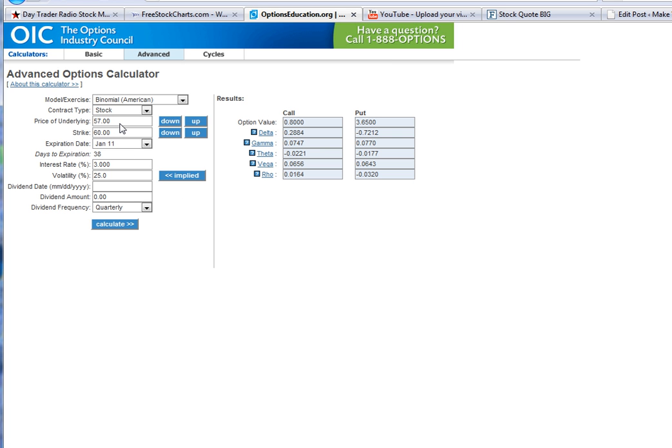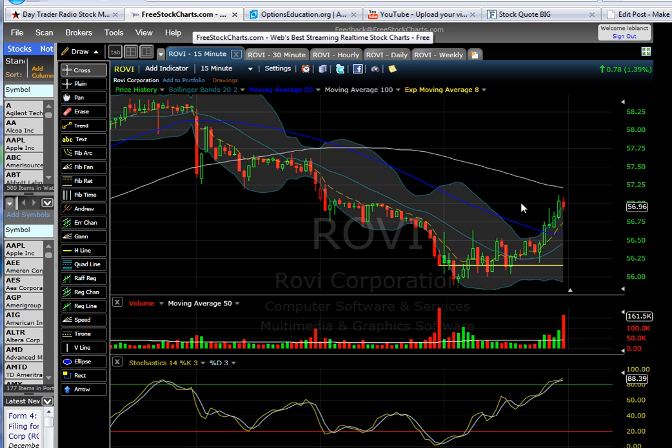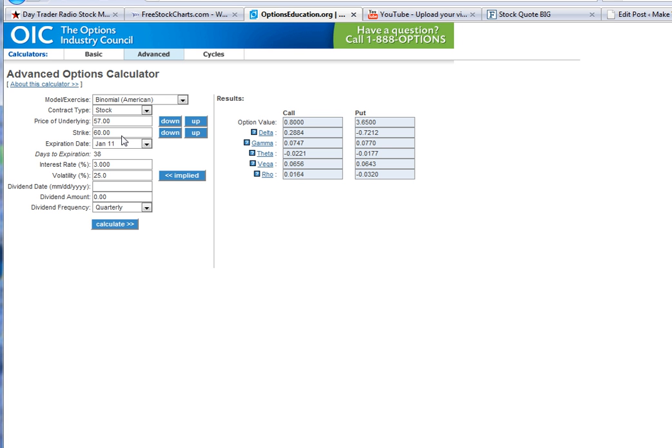Okay, the 57, something's not working here. 2%. Okay, and the volatility moved up. So now we start to see our delta starting to move up.